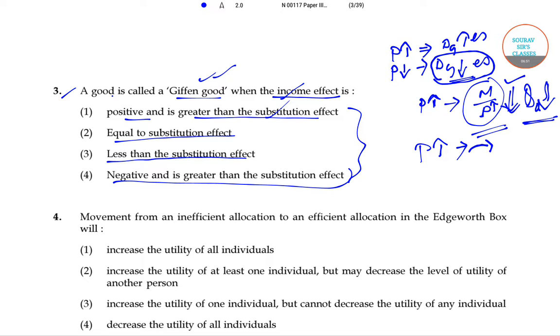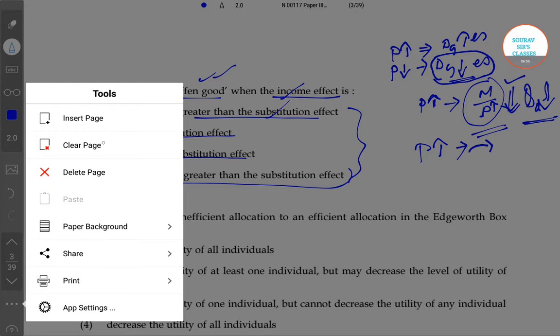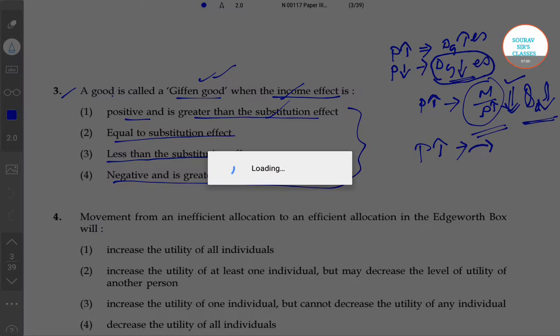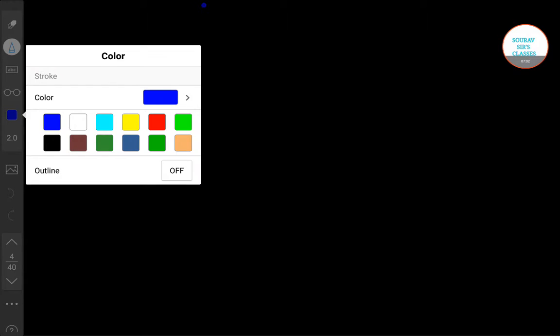Now I'll simply draw a diagram. For this I'll take another page. We'll explain the income and substitution effect in the case of a Giffen good.